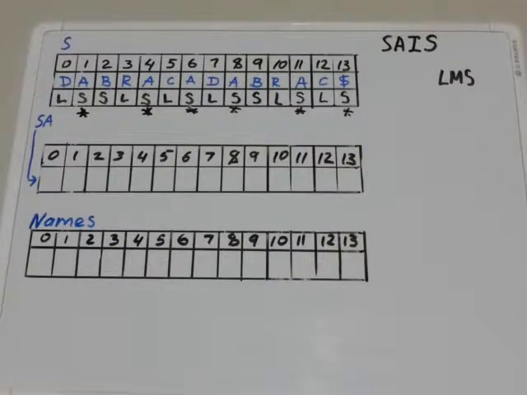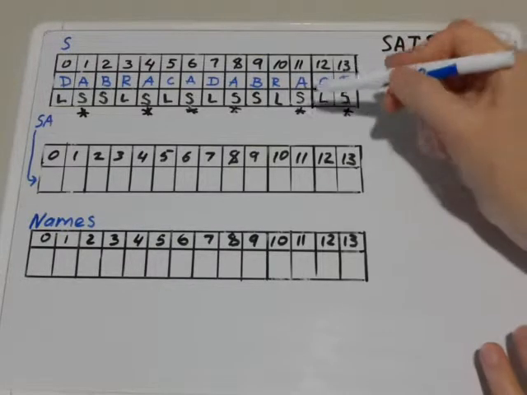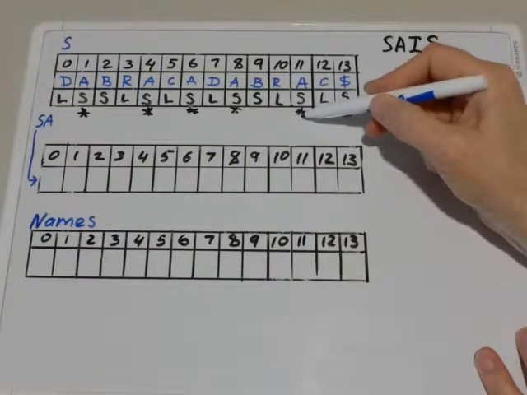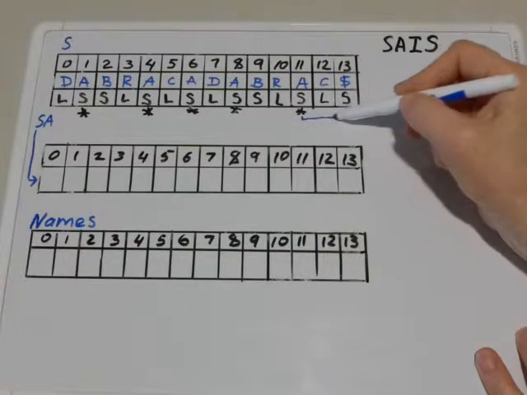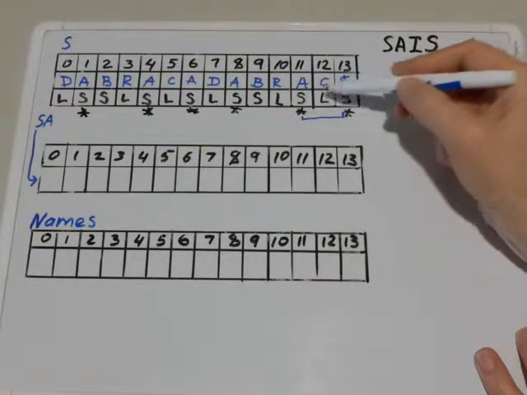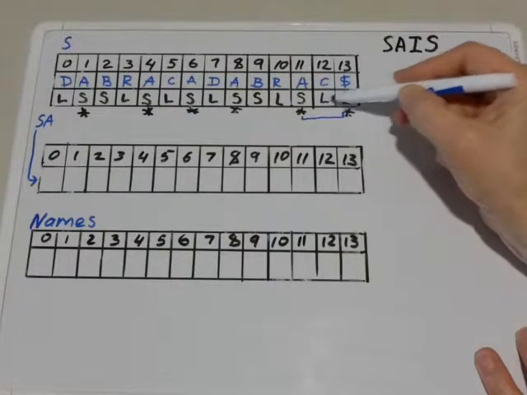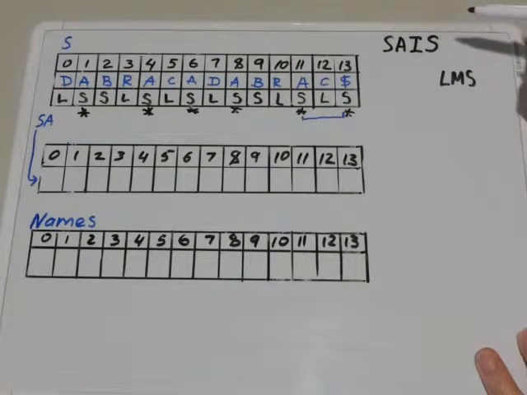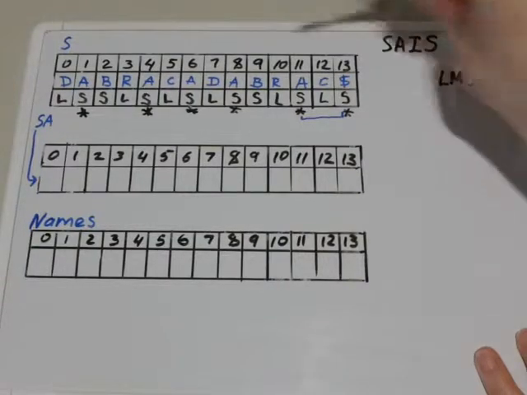These LMS type suffixes partition the entire string S into LMS substrings. An LMS substring starts with an LMS character and ends with an LMS character, and no LMS characters are in between. So let's list all LMS substrings.